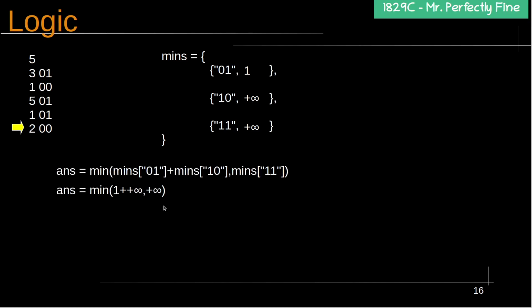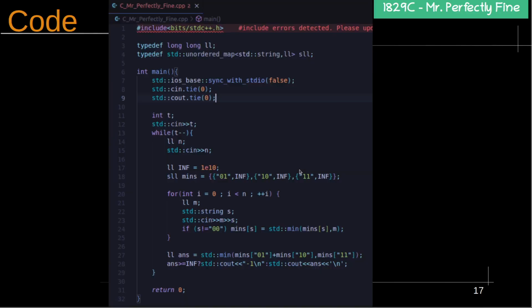So the answer will be 1 plus infinity, the sum of those two minimums, so the answer is equal to infinity. So we output -1. Victor cannot have the two skills.